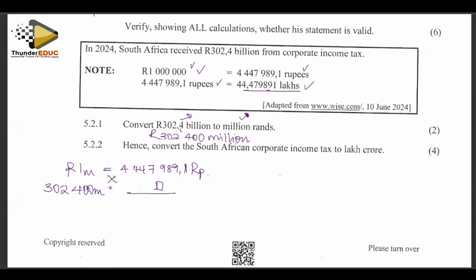That means you're going to multiply 302,400 times 4,447,989.1, divided by the million. So you end up having this figure.